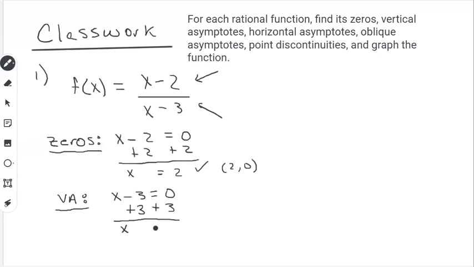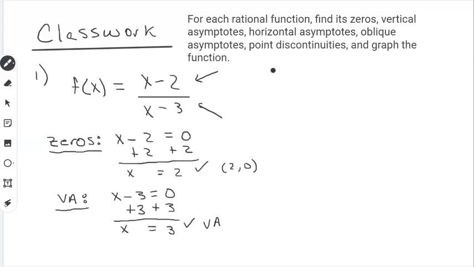And when I do that, I get x equals 0 plus 3, which is just 3. That's going to be my VA, my vertical asymptote. So once again, I set the top equal to 0 to find all the zeros, and then I set the bottom equal to 0 to find all the vertical asymptotes.